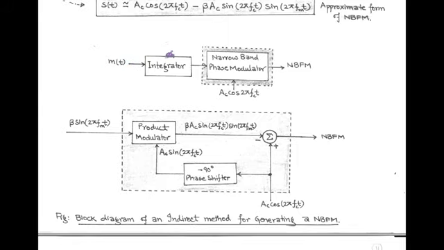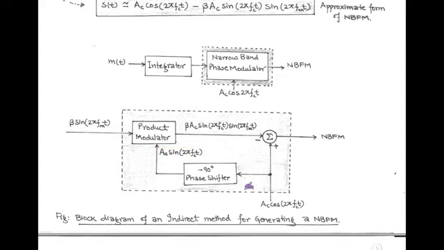And after integration, we get beta sin 2 pi fm t. Here beta is delta f upon fm. So the input of the product modulator is beta sin 2 pi fm t.